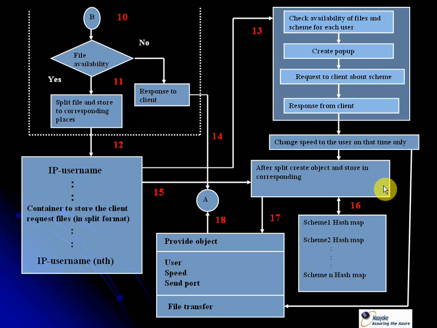So let's say a user is at a speed of 256 kbps and he wants to download a file at a greater speed. At that time the service provider will give a pop-up message to choose a larger tariff. So the user can go for upgrading the tariff or he can use the existing tariff.